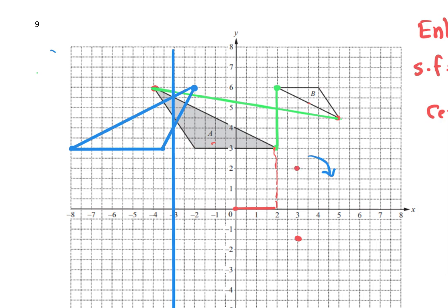The last point, from the center, is 4 left and 6 up. When you rotate, 4 to the left will be 4 up, then 6 to the right. So this is the image. Now join them. Of course, with tracing paper it is easier, but this also works.